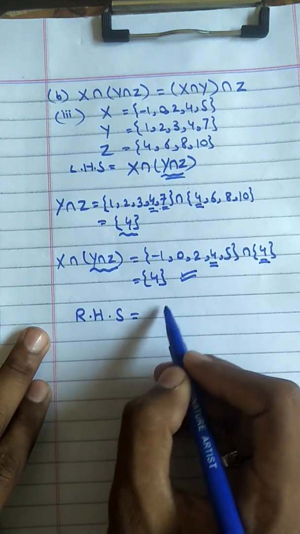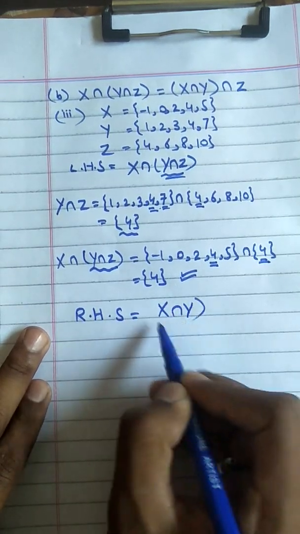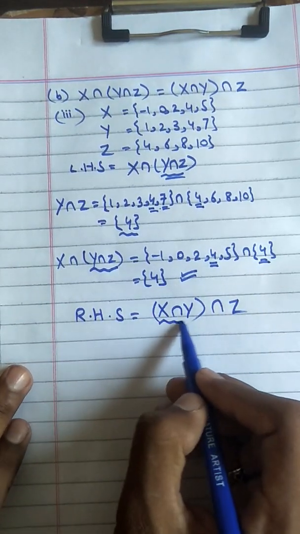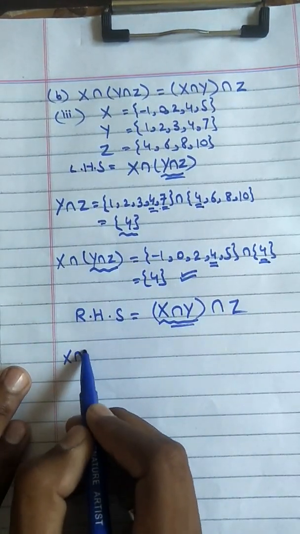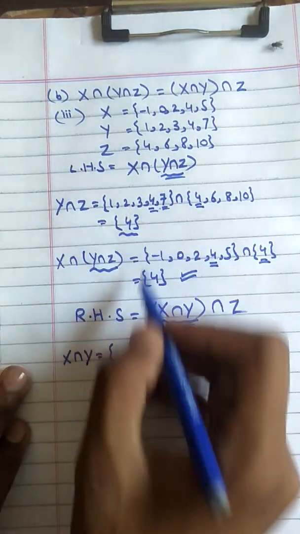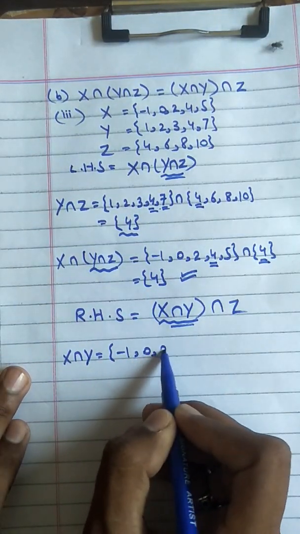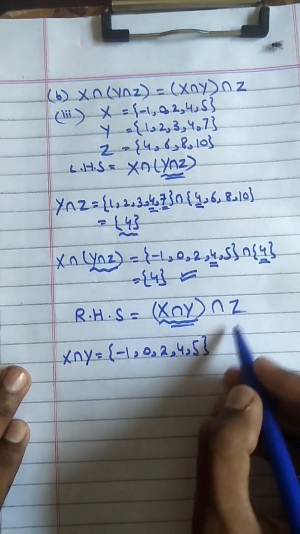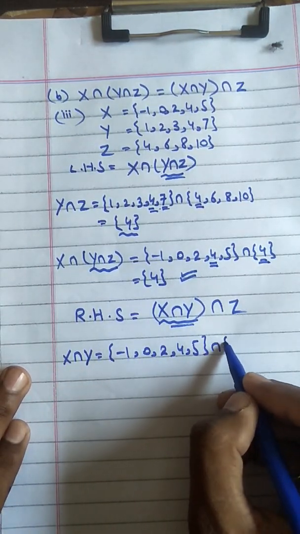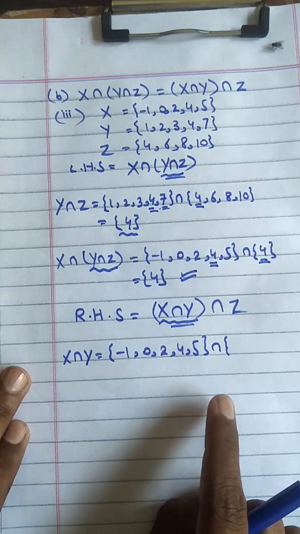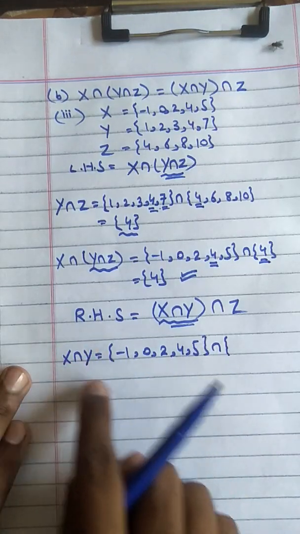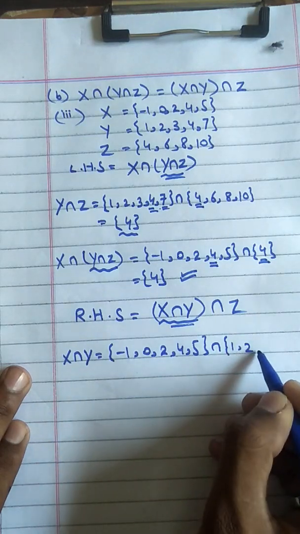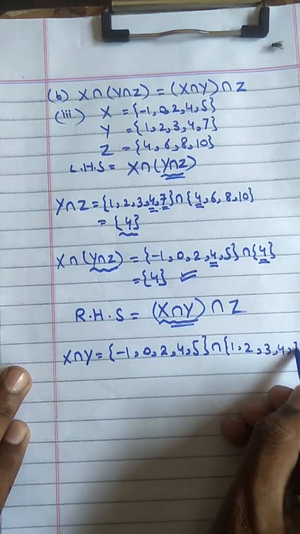Now the right hand side is X intersection Y, and then take intersection with Z. So solve the brackets part first. X intersection Y, so X set is -1, 0, 2, 4, 5, then intersection with Y, 1, 2, 3, 4, 7.